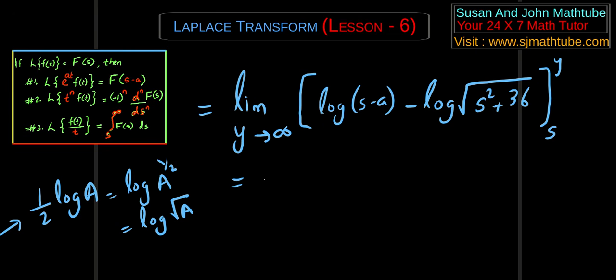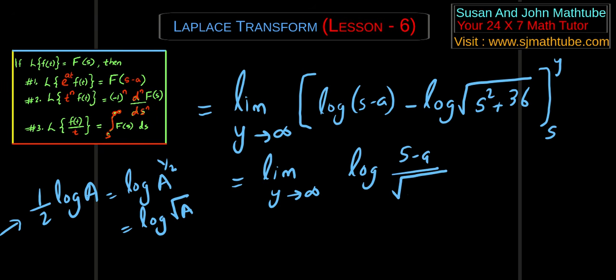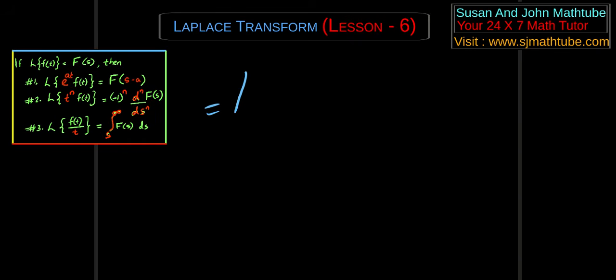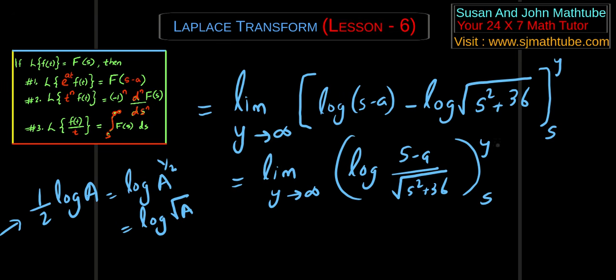And we end up with limit y tends to infinity log (s minus a) by root under (s square plus 36), because log a minus log b. So the usual story, and that will be limit y tends to infinity. Okay, now let's plug in that s equal to y.